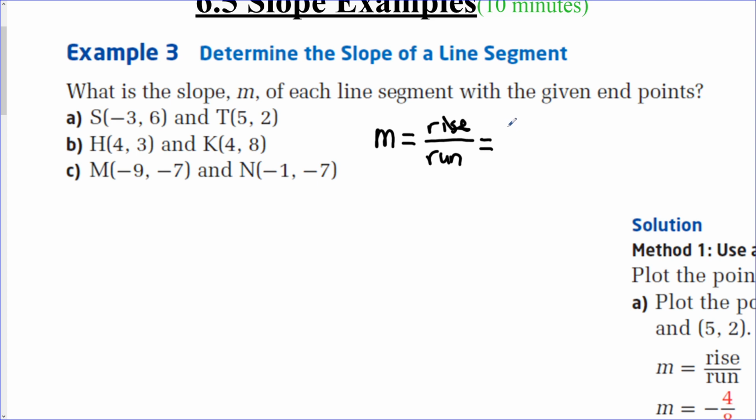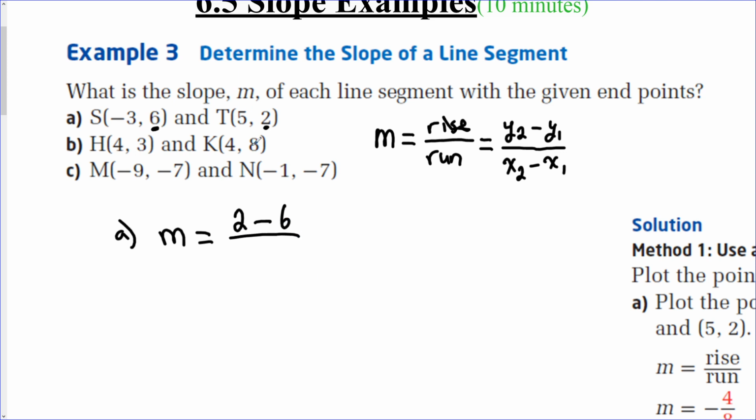So it's acting up. m equals rise over run, which is y2 minus y1, or the y-coordinate from the second minus the y-coordinate from the first, divided by the x-coordinate of the second minus the x-coordinate of the first. So for question A, the y-coordinate at the end is 2, minus the y-coordinate at the beginning, which is 6.